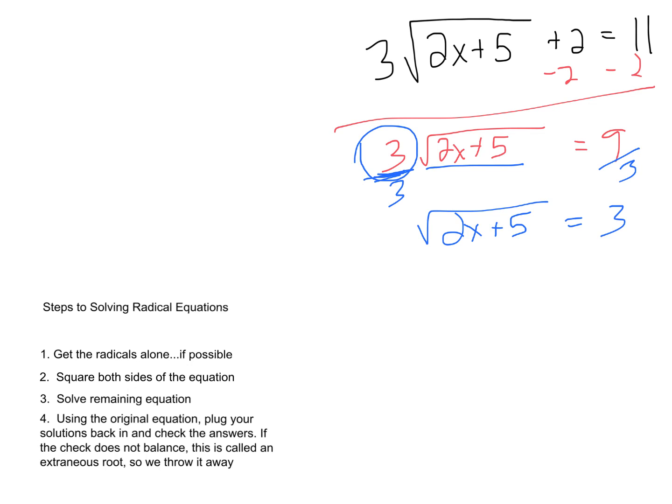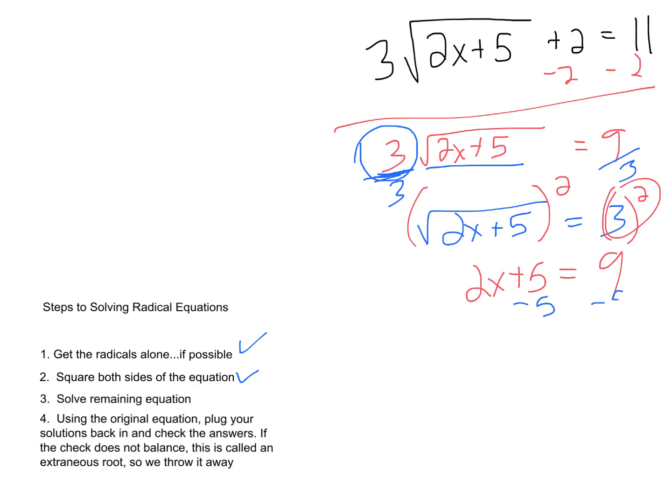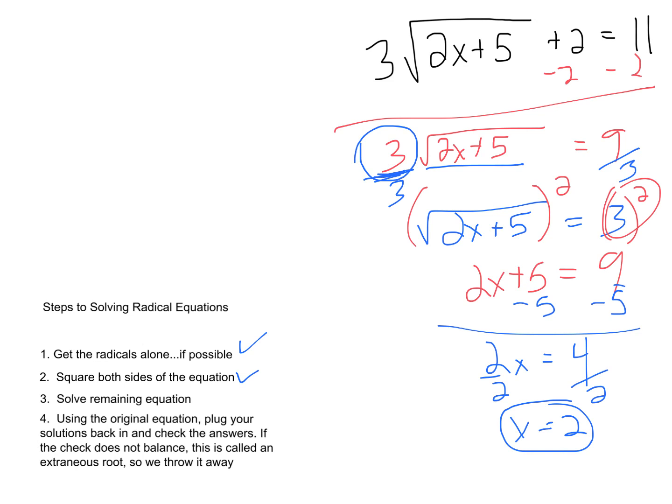Now that the radical's alone, let's square both sides. So 2x plus 5 now equals, and 3 squared is 9. Let's now solve the remaining equation. Subtract the 5. 2x now equals 4. Divide by 2. So x is 2. Now we have to go back and check.